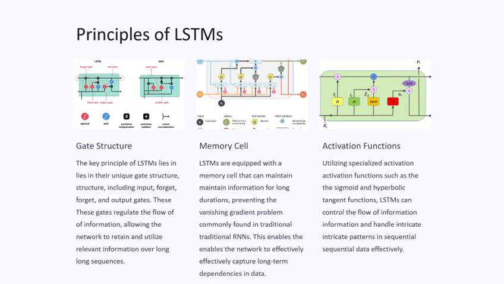LSTMs are equipped with memory cells that can maintain information over a long duration, preventing the vanishing gradient problem commonly found in traditional RNNs. These enable the network to efficiently capture long-term dependencies in data.